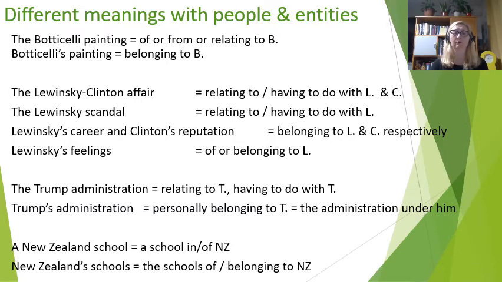So I would use the genitivo sassone, apostrophe S, or "i sentimenti della Lewinsky," Lewinsky's feelings. Okay, and here there is no the. If you refer to it as a general thing having to do with that person, or specific, you use the, but if you use the person, you don't say the Lewinsky's career.